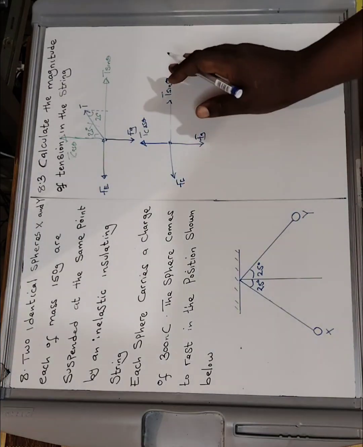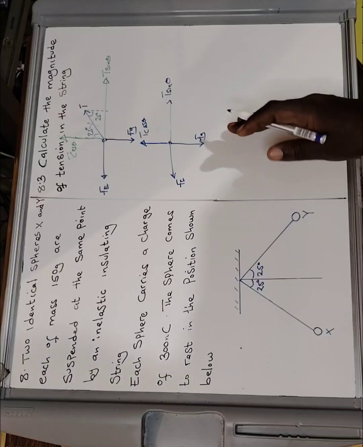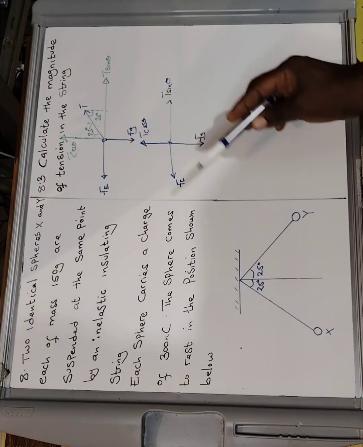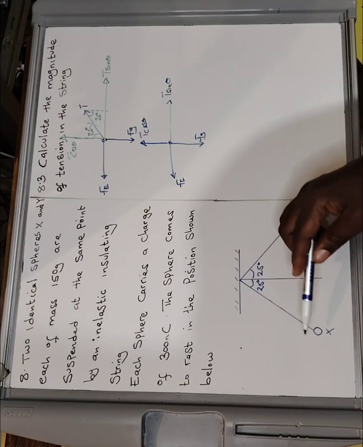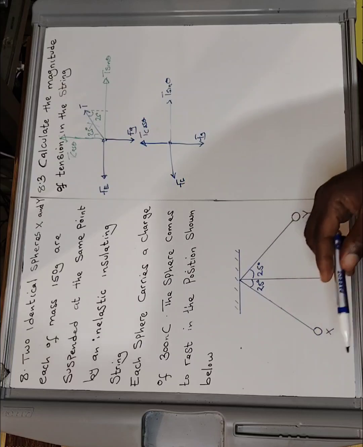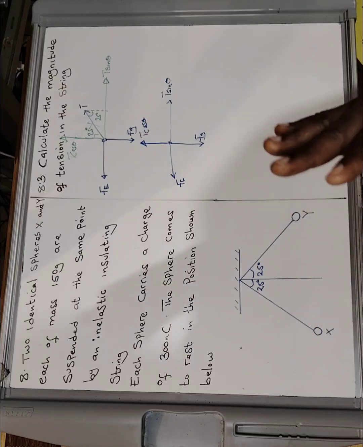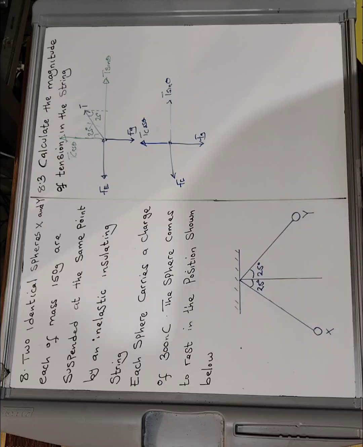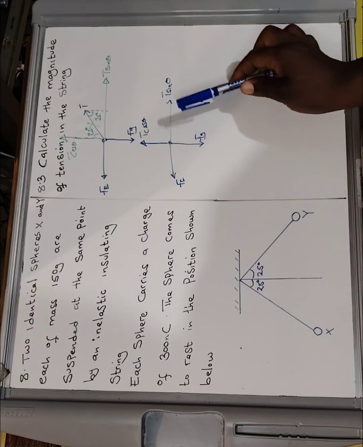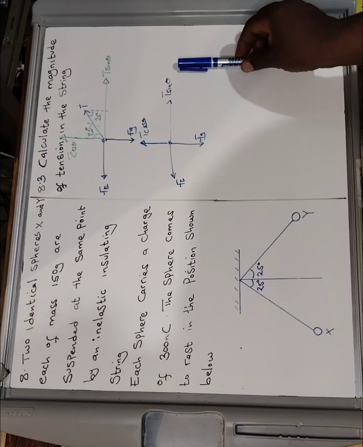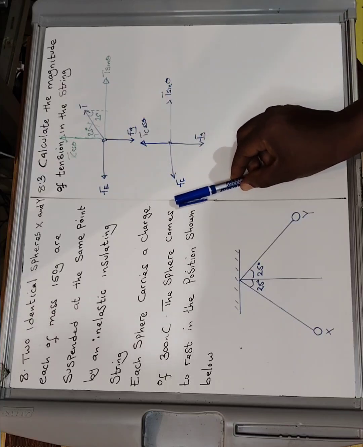Now we have two equations. Remember that sphere X is in equilibrium, actually static equilibrium, it's not moving. And what do we say about equilibrium? The sum of forces in one direction is equal to the sum of forces in the opposite direction.